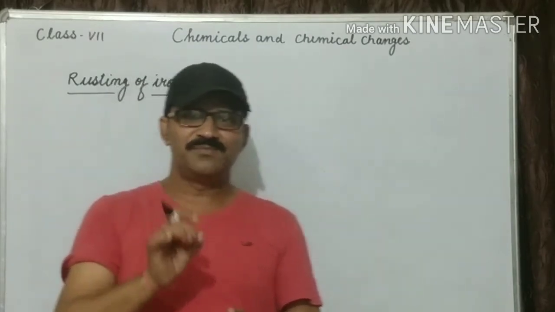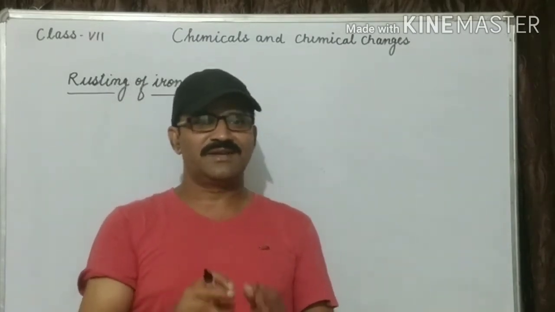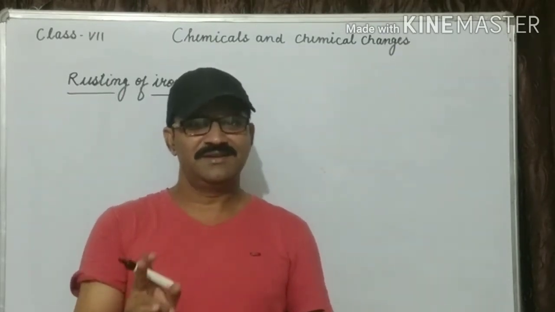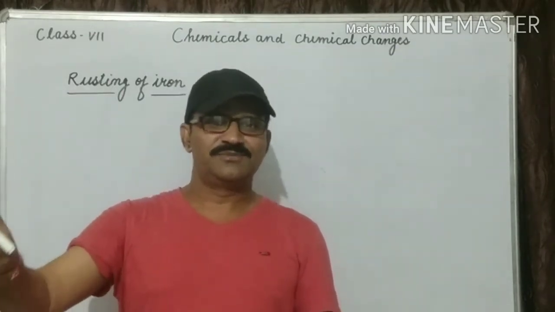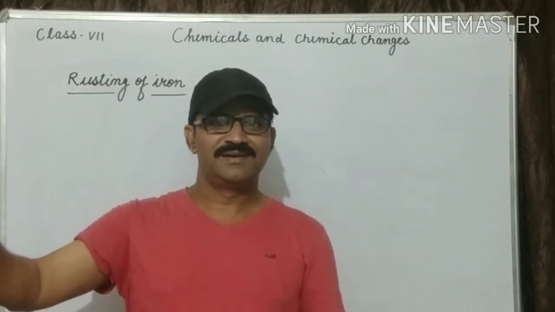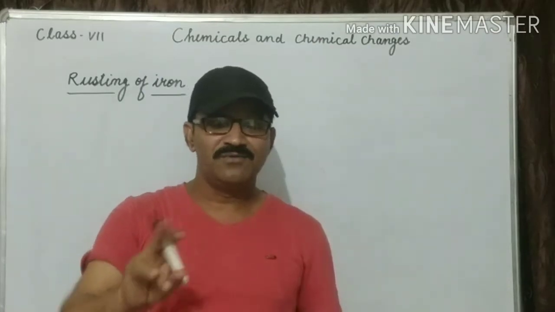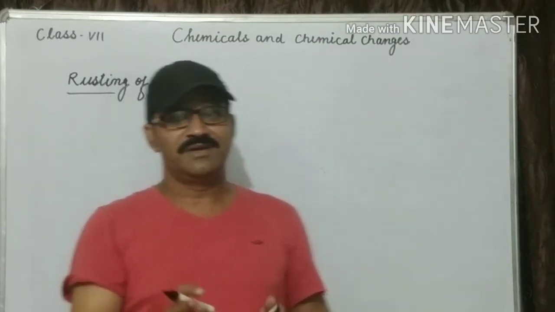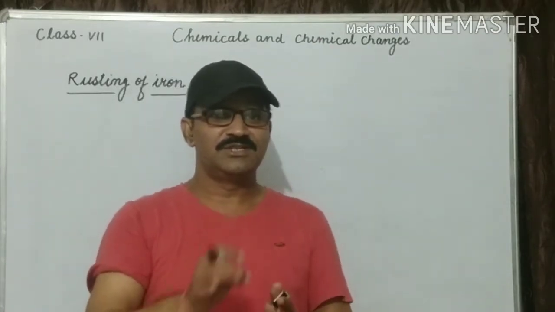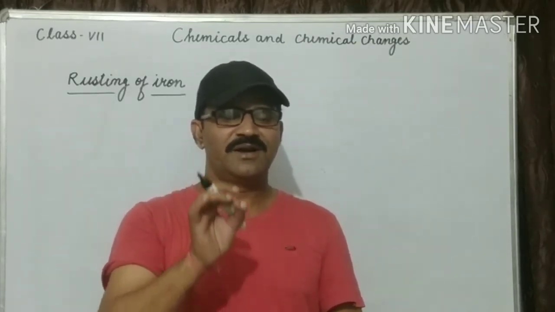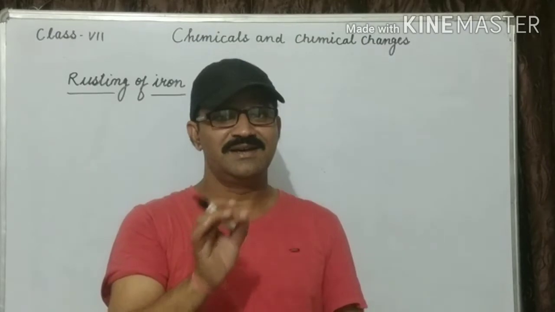An orange-brown material called rust is formed on the surface of the iron object. After some time, a brown, orange-brown material is deposited on the iron. That brown substance is known as rust.